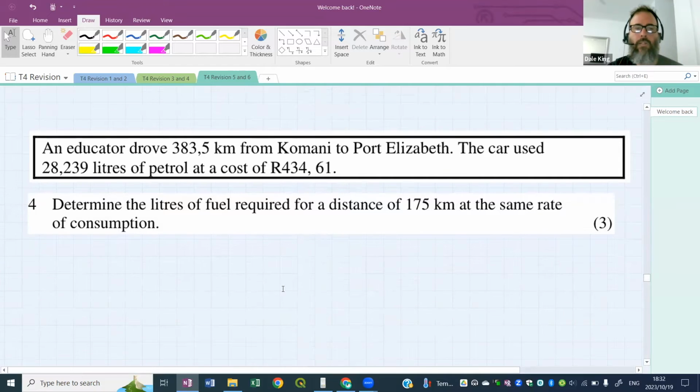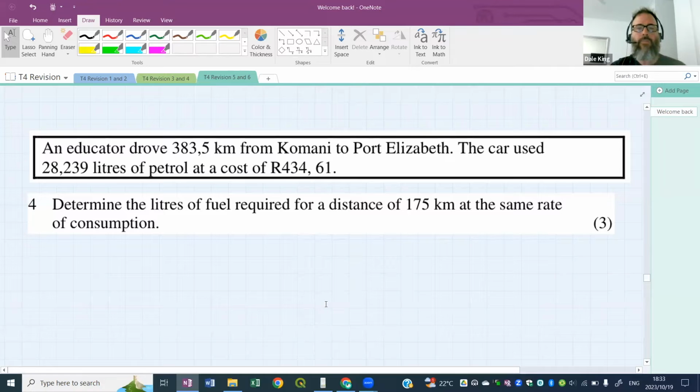We're going to need to go back to our answers here. If you've got your pen and paper with you, you would have all your answers in front of you, and you could use them to help you answer this question. That's why we say have pen and paper there. Determine the liters of fuel required for a distance of 175.